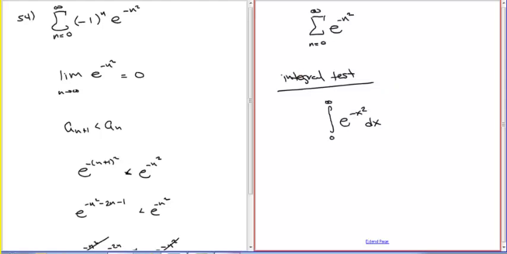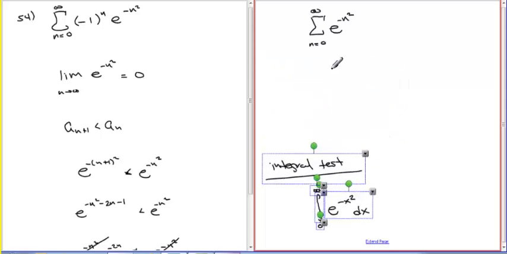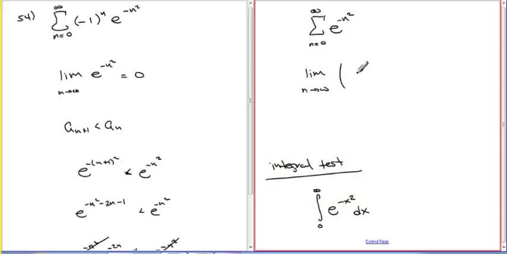So what we'll do is use the limit comparison test, I think it's called. It says if we take the limit as n goes to infinity of a sub n over b sub n, and that equals some L, then if this b function converges, this a function converges.